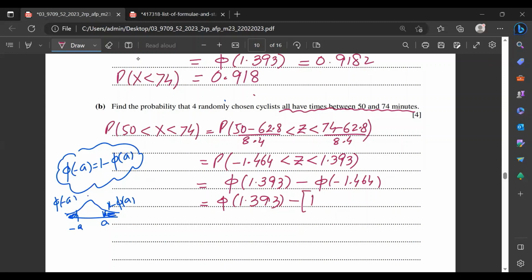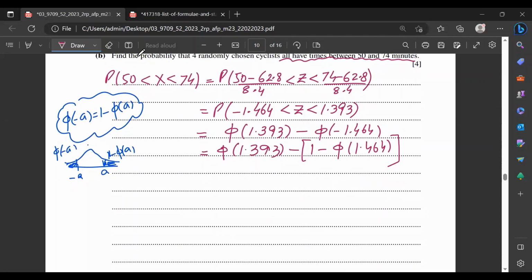Without help from the bell-shaped diagram, you can manage the situation like this. Open the brackets: this is purely algebraic, phi of 1.393 minus 1 plus phi of 1.464. Simply keep this rule in your mind. So from here, use the table.